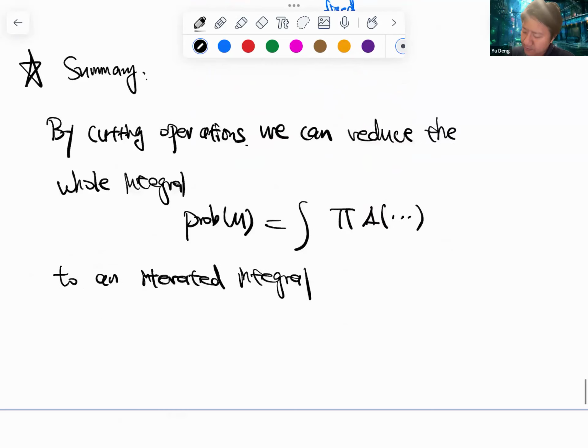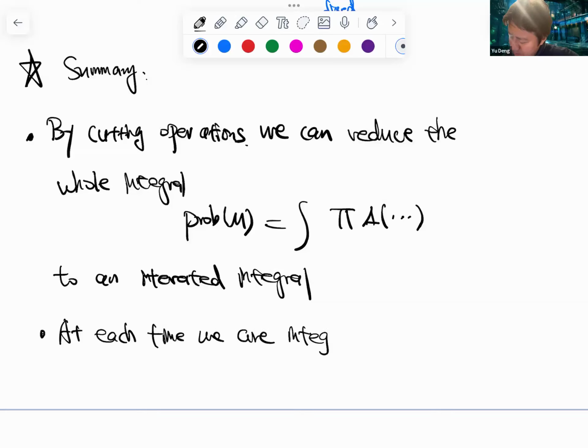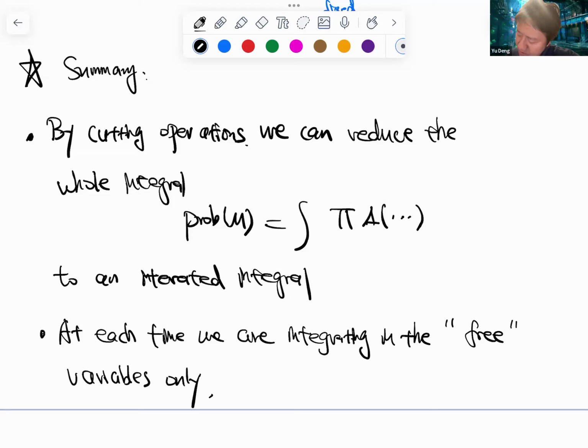And each time, we integrate in the free variables only, and the fixed variables are viewed as fixed.